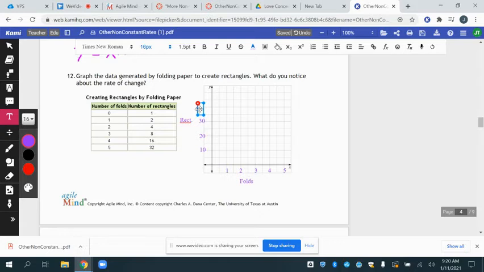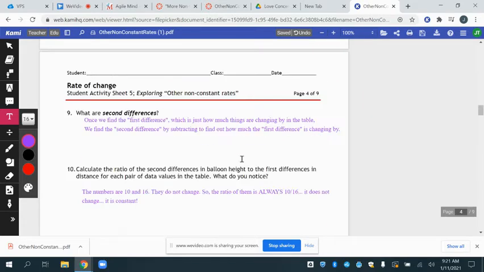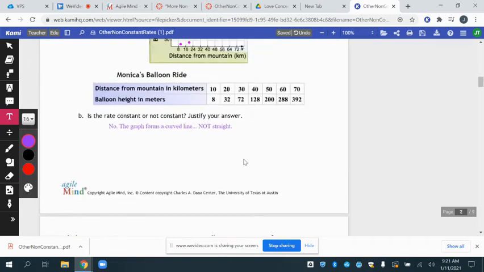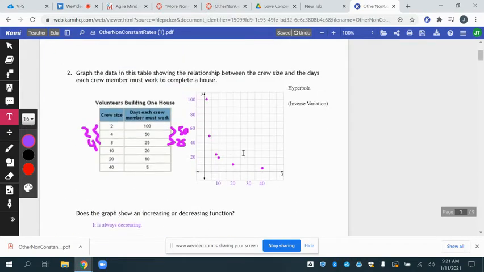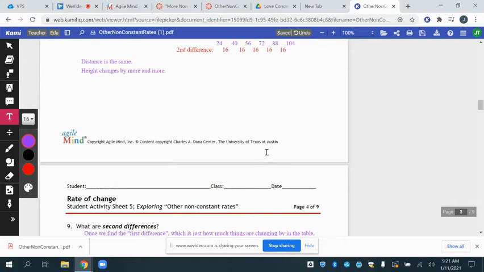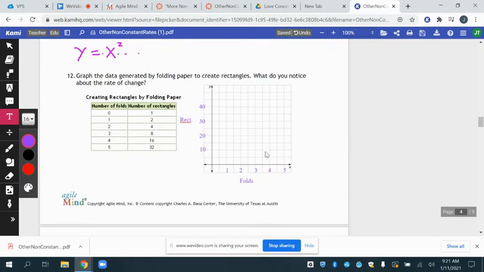The cool thing about these shapes, I'm just going to tell you up front, we're not going to actually prove it because that's something you would do in college, but these shapes that we're finding, this shape, oh, did we graph the hot air balloon? There it is. And this shape, the hyperbola, and the one we're about to do, they are constants. You will see these shapes for the rest of your life in math, and they never change.